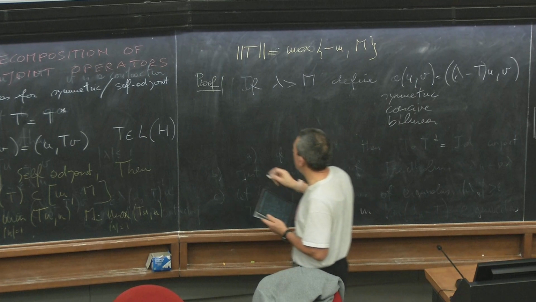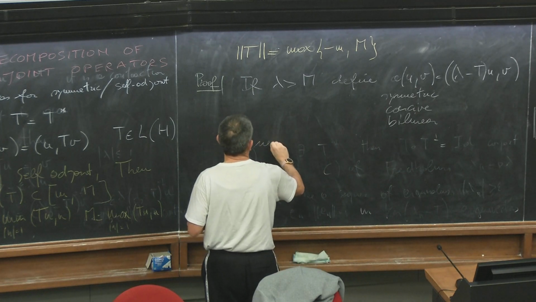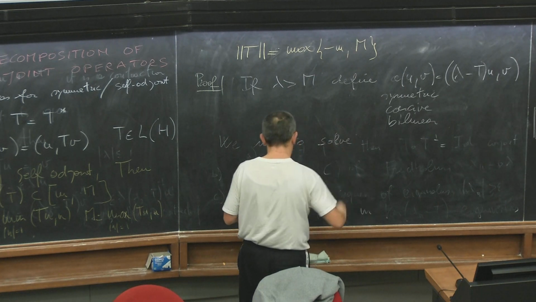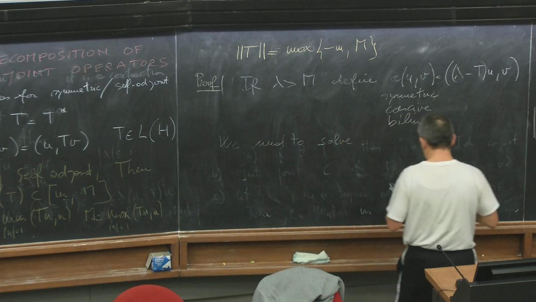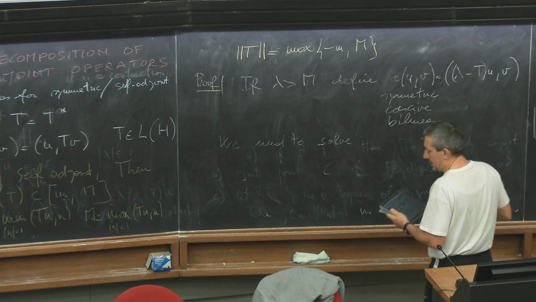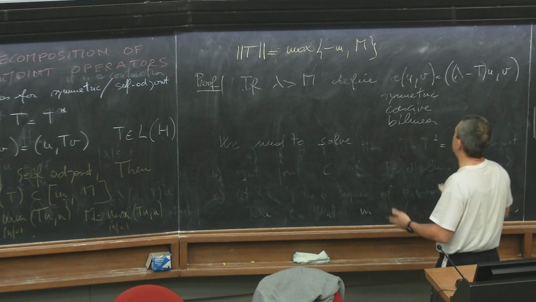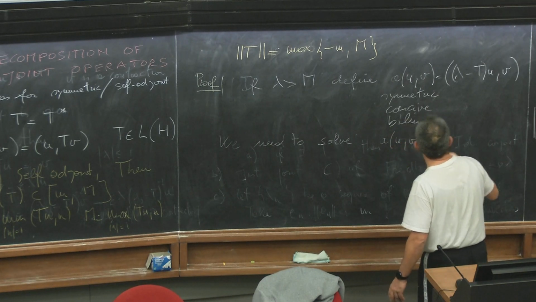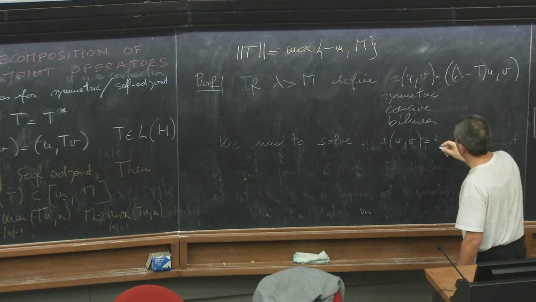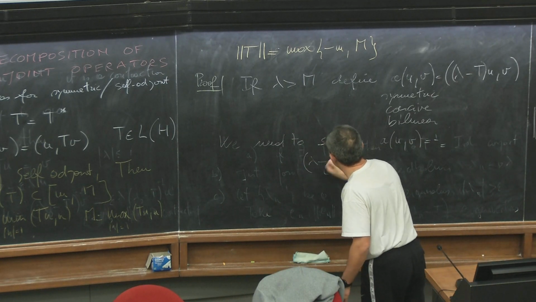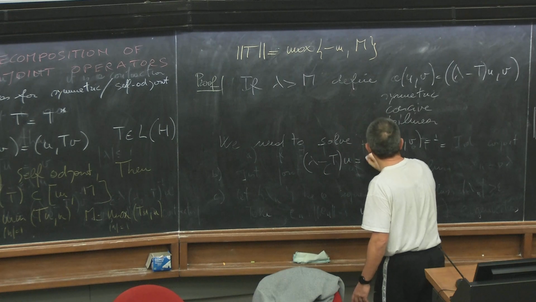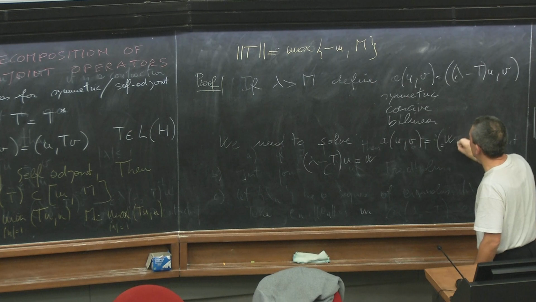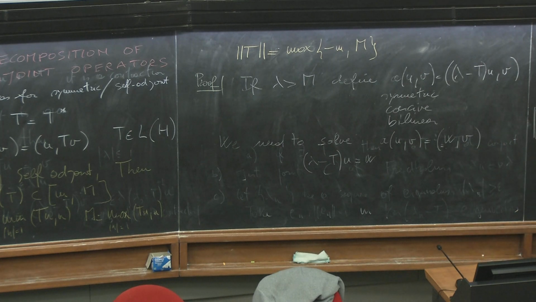So now we need to solve (lambda minus identity) u equal to, let's say, w, and we know that we can solve A(u, v) equal to <w, v> by Lax-Milgram.